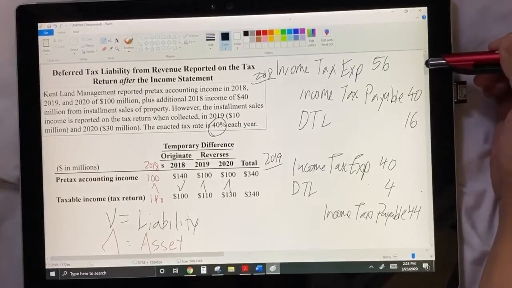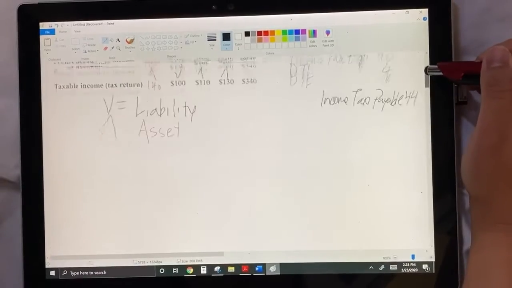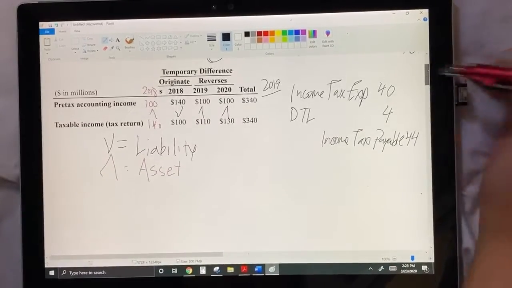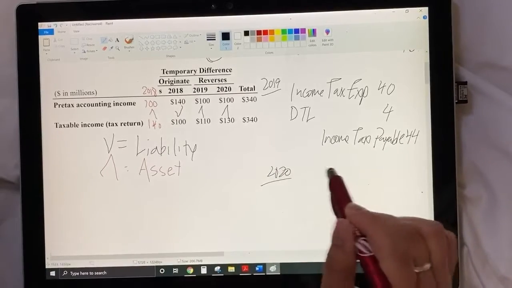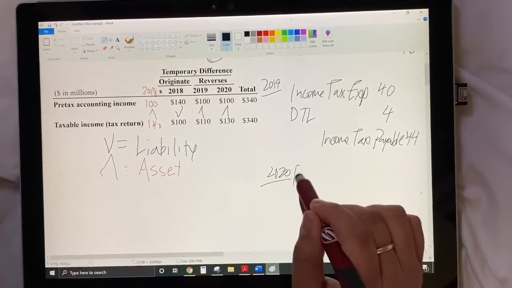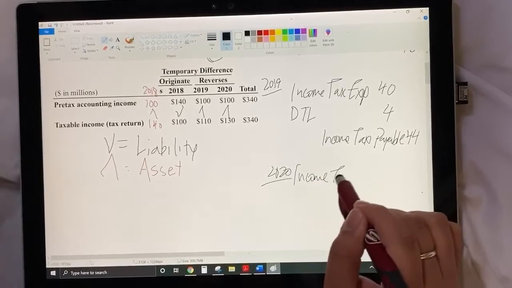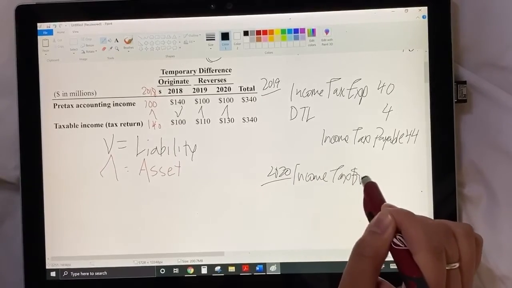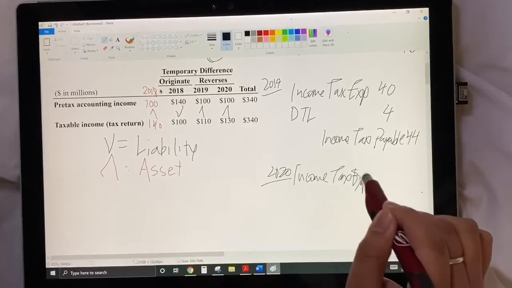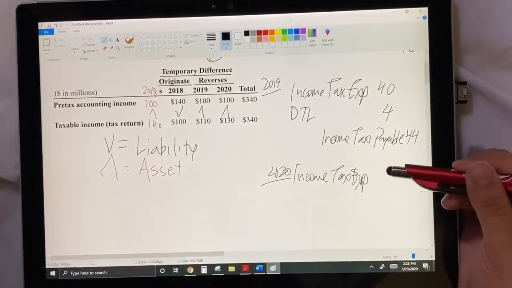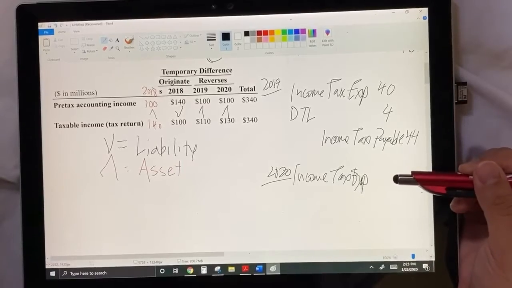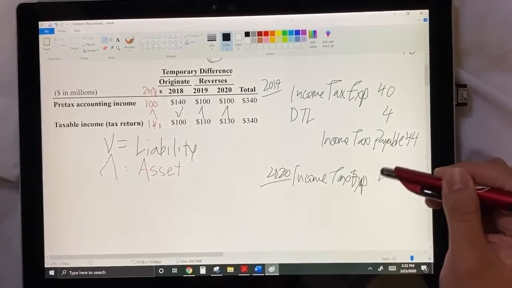Okay, now let's look at the last one. For 2020, you have income tax expense, again, it's going to be 40.